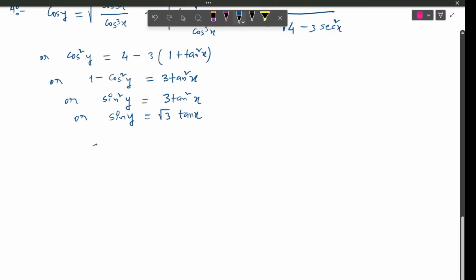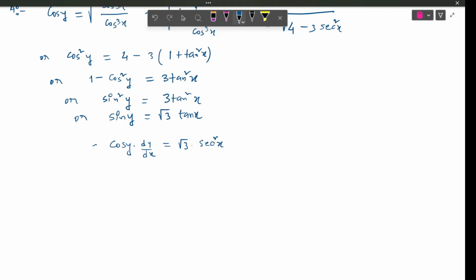Here, take differentiation on both sides with respect to x. Then we can say differentiation of sin y is cos y, and differentiation of y is dy by dx. Root 3 is constant, and differentiation of tan x is sec square x.